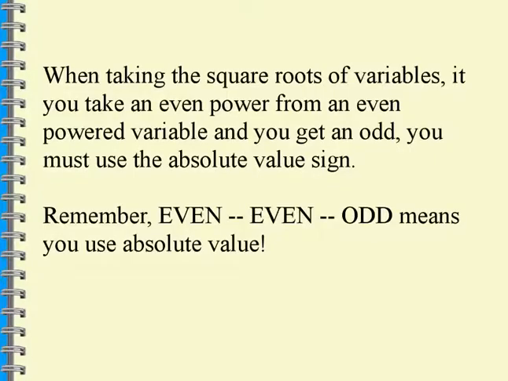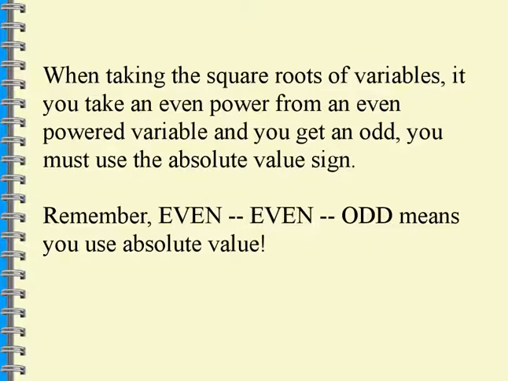All right, what I want you to do is write this down right now, and this is where we're going to pick up tomorrow. Okay, so tomorrow we're going to pick up with this slide, and we're going to talk about how you take the square roots of variables. So not just numbers, but letters.